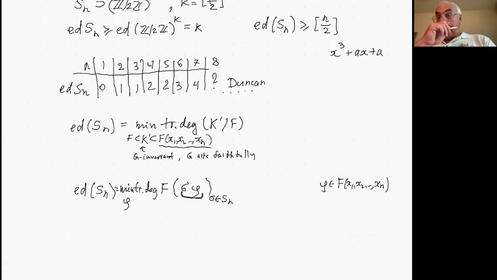For example, if you take the following function phi, x minus x1 minus x2, x3 minus x4, x1 minus x3. It's called a cross section.